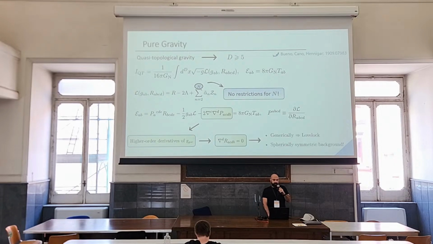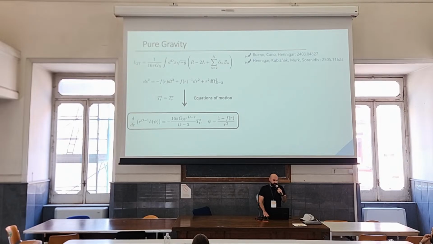We can do it, first of all, generically, but doing it generically leads back to Lovelock theory. We can also pick this term to be 0 only on a spherically symmetric background, and this is what we're going to do today. By doing that, we get densities Z_n which are different from Lovelock theory.